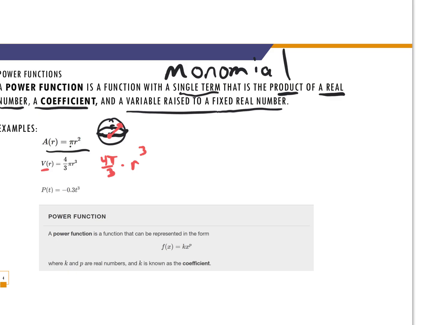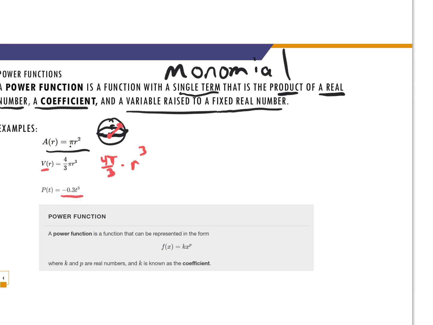Okay. And then P of t. I'm trying to remember, that could just be some function called P of t. Could be a population function. Oh, yeah, I know where I got that. I made it up. A population function, this might look familiar from the first slide, negative 0.03 t cubed.